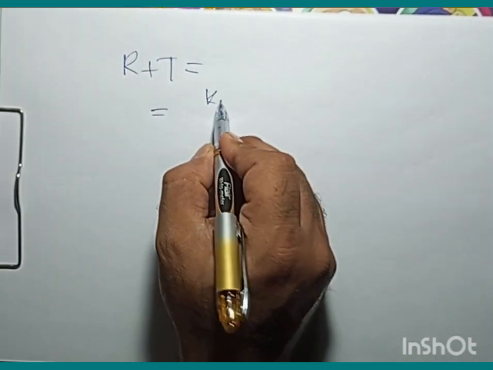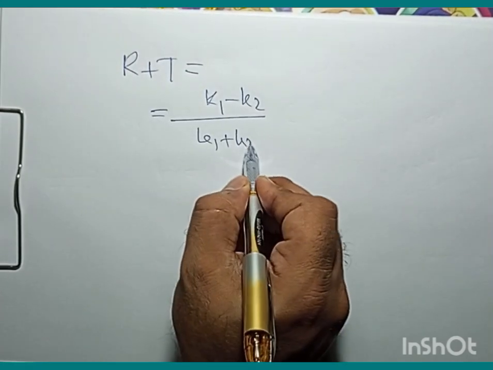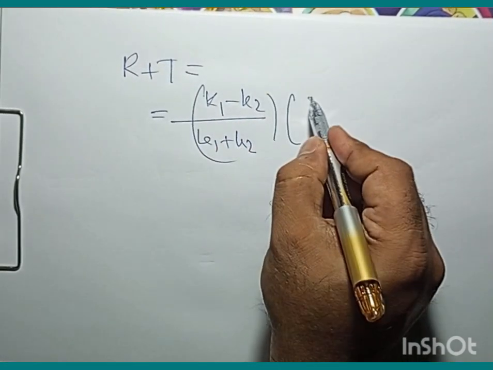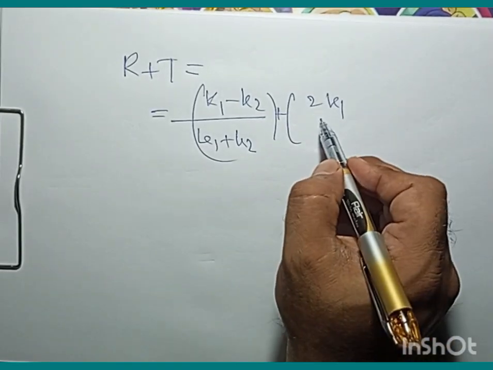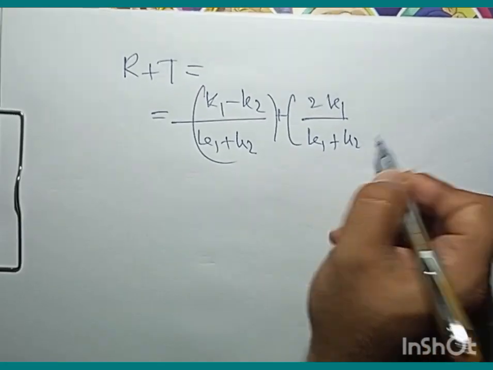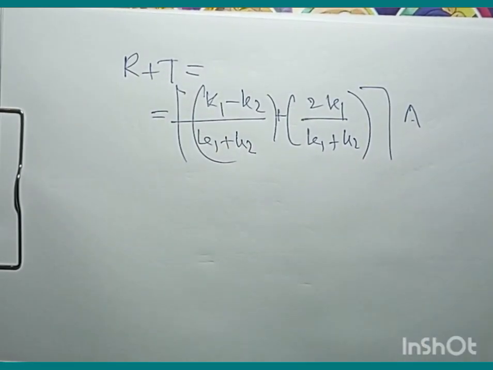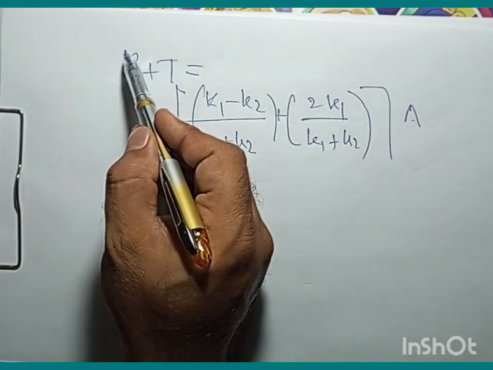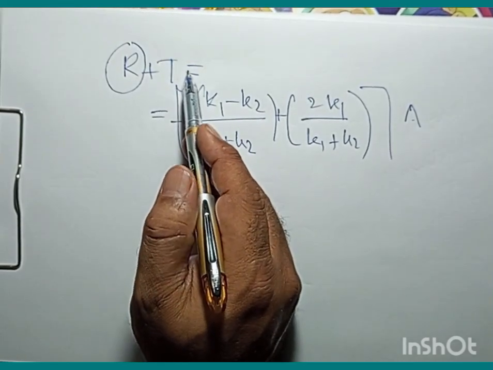R is k1 minus k2 divided by k1 plus k2 times a, plus t, twice k1 by k1 plus k2. Okay, so both of them have a as a common thing here, and r is already calculated, and t is also calculated.